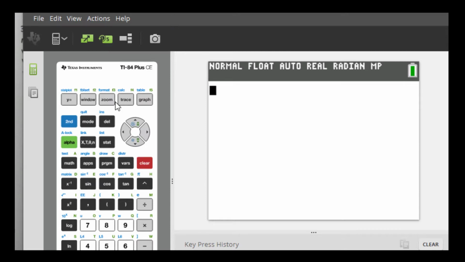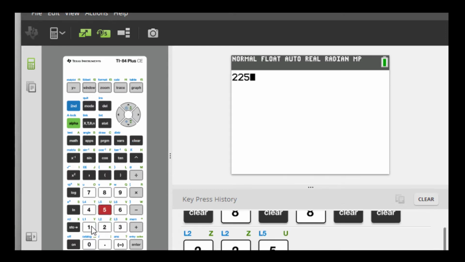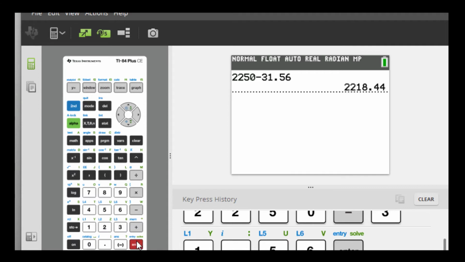I haven't used it yet. So I don't know if you can see it all. And you can probably see it better now. So I have 2250 minus 31.56. And I'm going to get 2218.44.